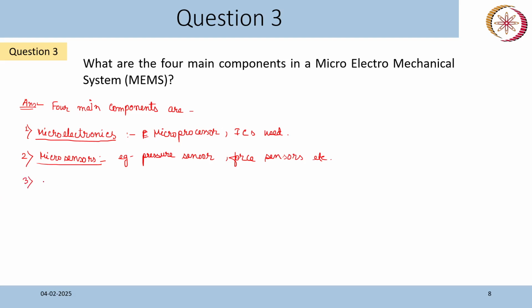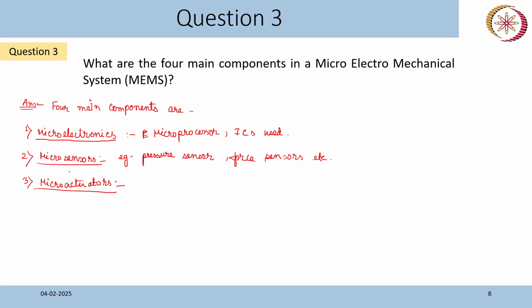Then there are micro actuators. What the different types of micro actuation mechanisms are, we have already discussed at the beginning of today's live session. One example can be MEMS based micro mirrors. What mirrors will do is control the direction of light.